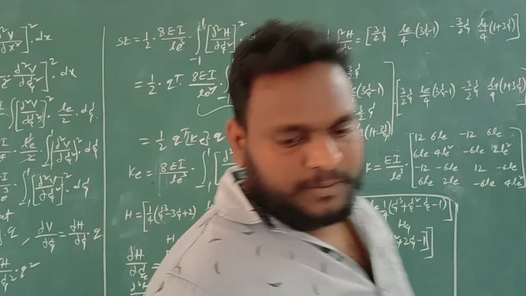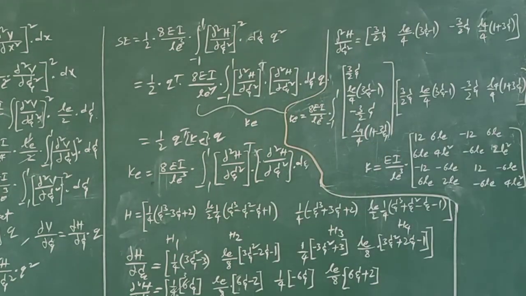Okay, so once again check it. 12, 6Le, minus 12, 6Le, 4Le square, minus 6Le, 2Le square, minus 12, 6Le, 2Le, 12, minus 6Le.